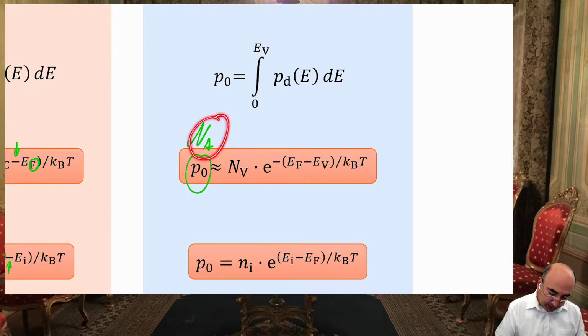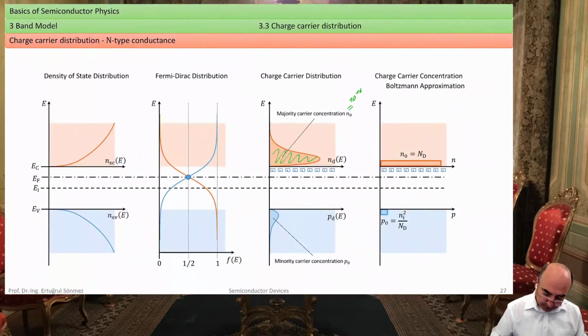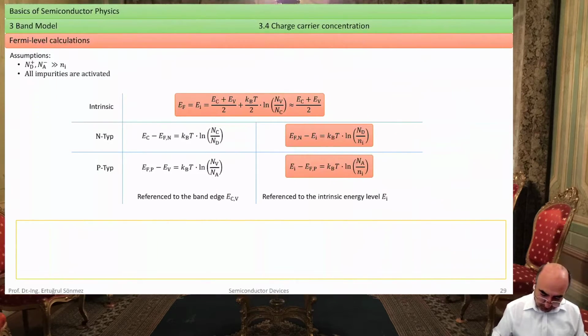If you compare NA to NV, then take the natural logarithm, and then you have this difference. And if you solve for this part, you get either this equation or this equation.